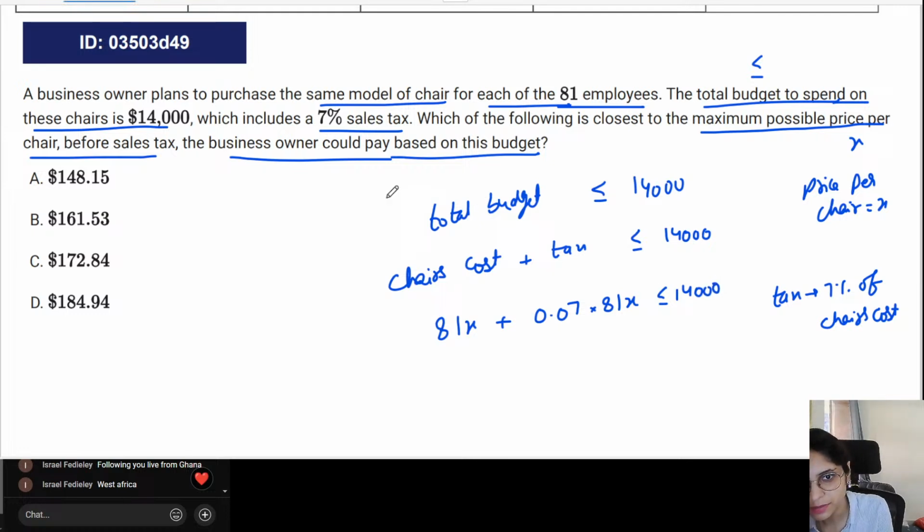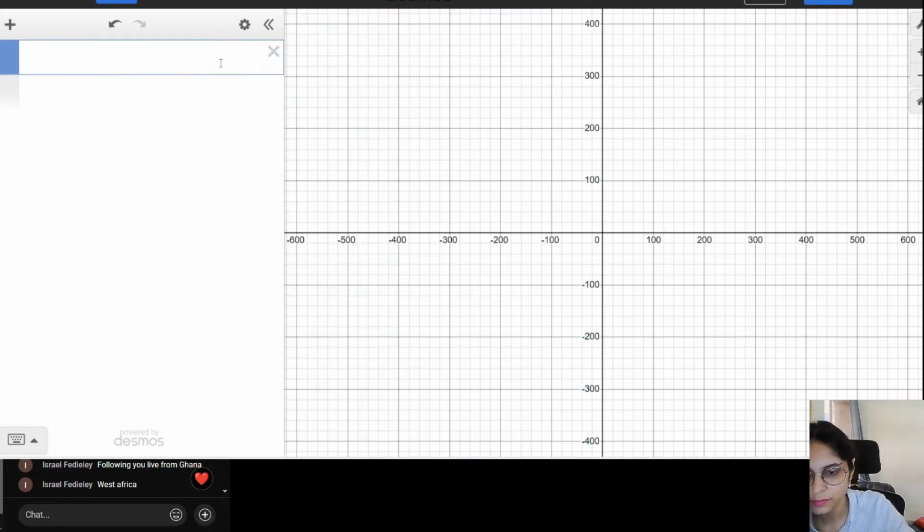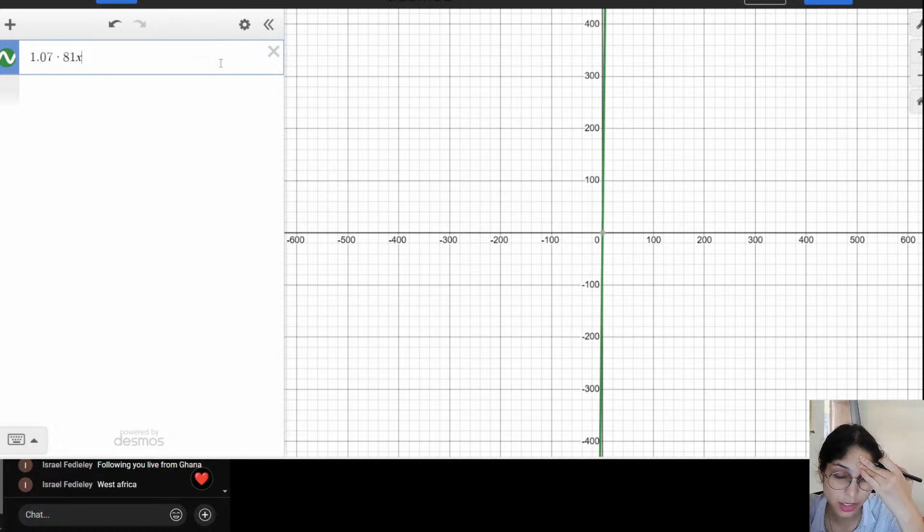Or, because there's a 7% sales tax, you can write 1.07 times 81x because you will be adding it to 100%. So it is 1.07 times 81x and that is less than or equal to 14,000. It's important that it is not 7% of x, it is 7% of 81x because we're taking the total cost.